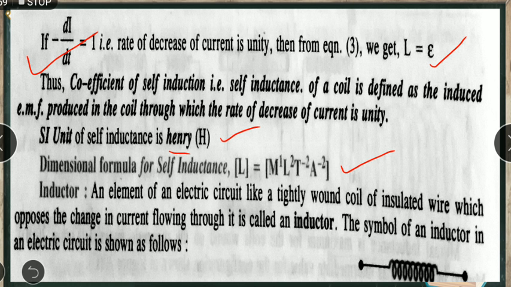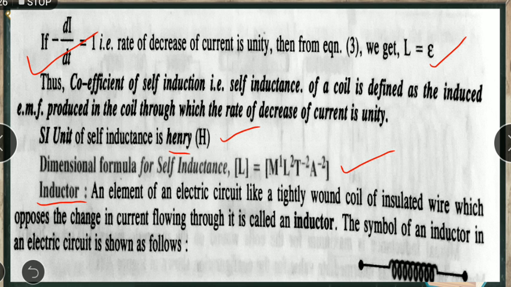Next, inductor, simply a single coil, self inductor or simply inductor. It is an element of an electrical circuit, a tightly wound coil of an insulated wire which opposes the change in current flowing through it.